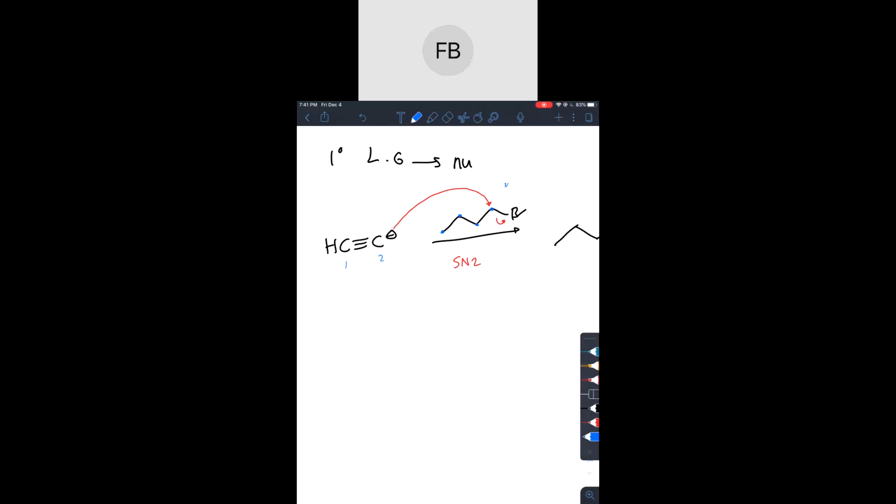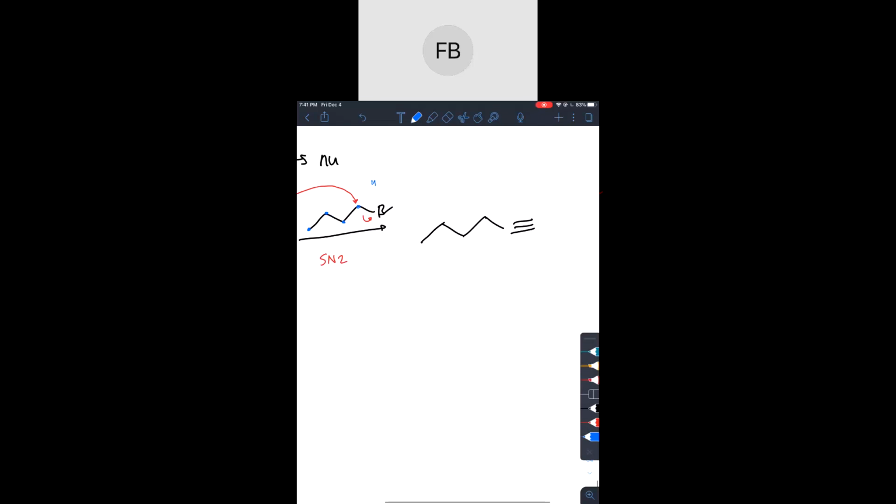So we have 2 carbons here and 4 carbons there, so that needs 6 carbons in the end. So you have to go back and count 1, 2, 3, 4, 5, 6. Now you're good. Okay, must count that.